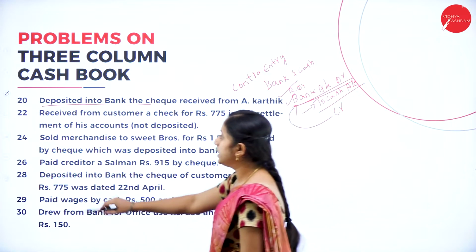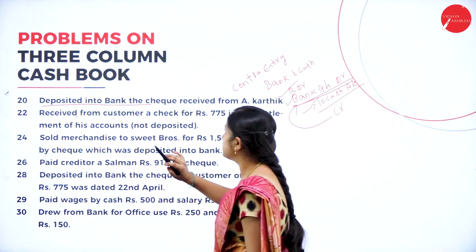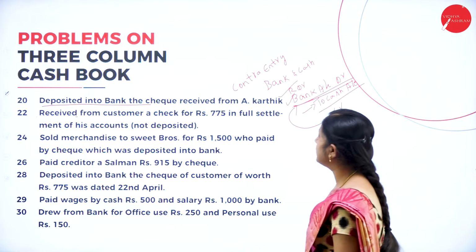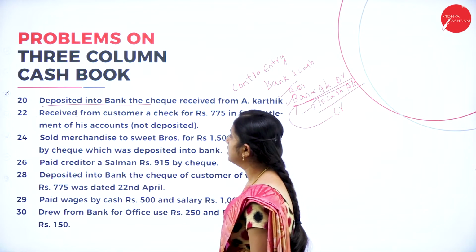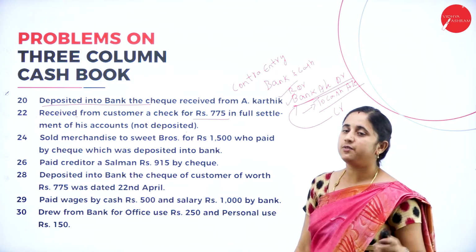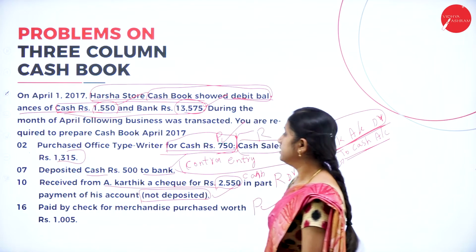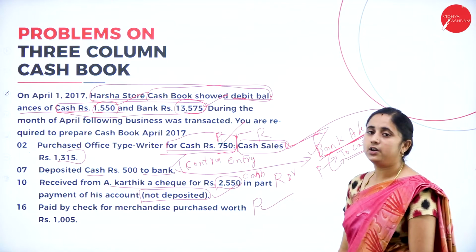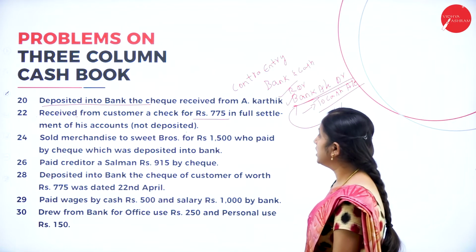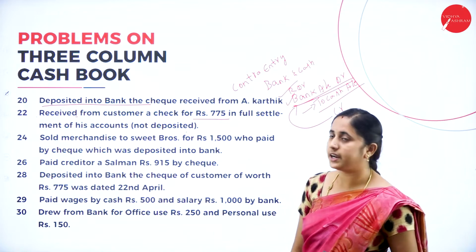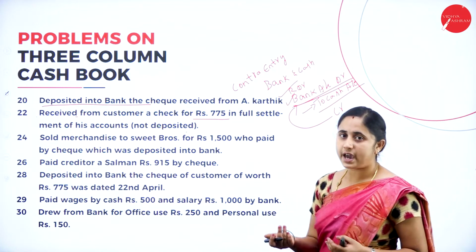Next, April 22nd, received from customer a check for rupees 775 in full settlement of his account, not deposited. In the same way as the last transaction, received check from Karthik, not yet deposited. So here you will receive the check from the customer but not deposited. So this is equal to cash received.